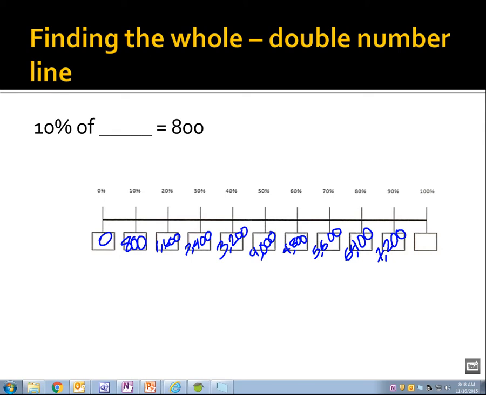And what is 100%? 8,000. 10% of 8,000 equals 100. It's 800. Every time I turn around, my goodness.